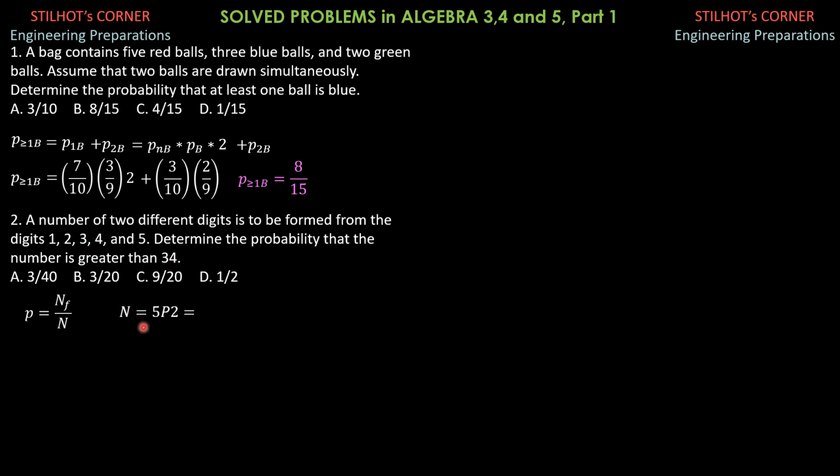So n is equal to 5P2, as I said, 20. The favorable outcome is 1. We have to analyze that the only 2-digit number with different digits greater than 34 is 35. To do that, in the first position there's only one way we can assign a digit, which is 3.